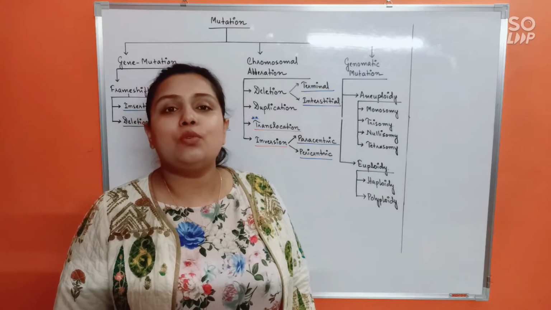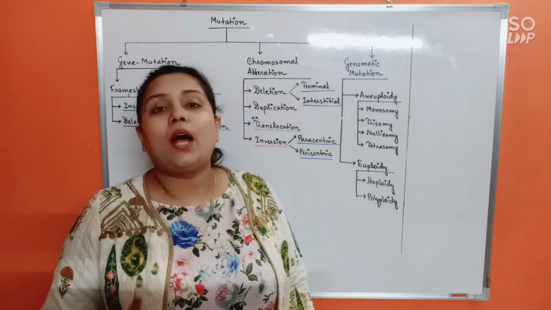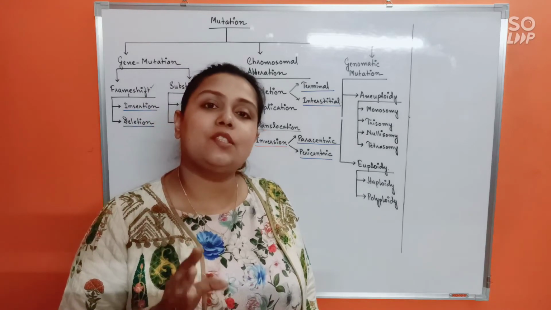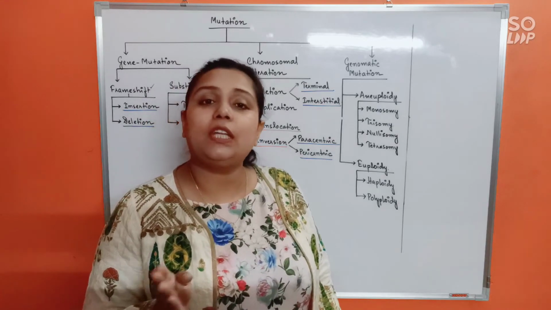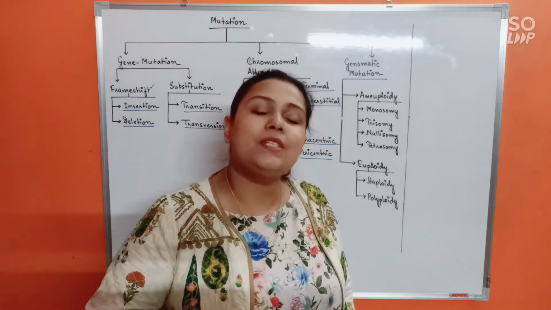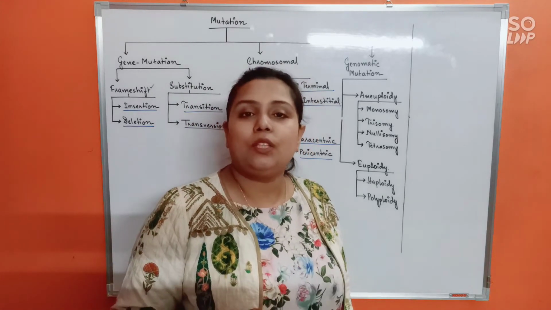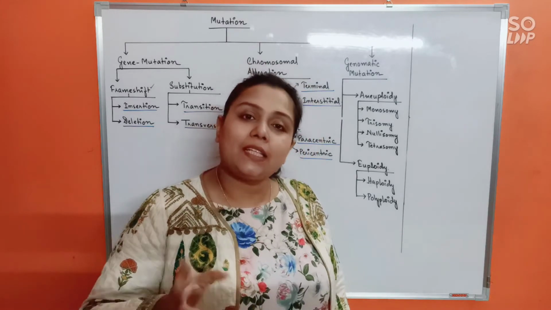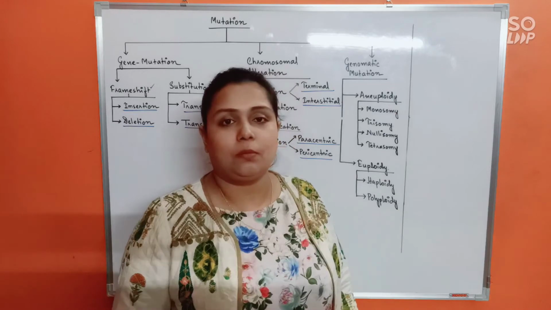Now, suppose due to some mutation, one chromosome gets missing from the cell. From now, the cell has not 46, rather 45 chromosomes. Or else say one whole chromosome is added to the cell. Now the cell has not 46 but 47 chromosomes. That kind of change will be under genomatic mutation.